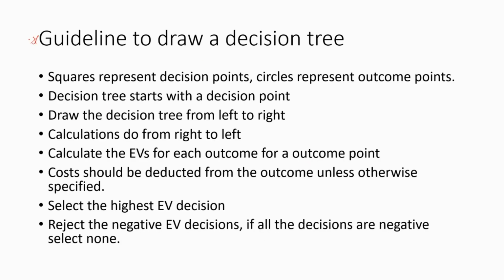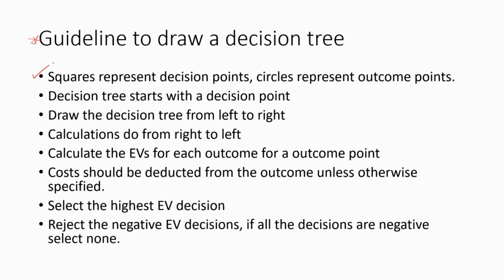This is the guideline to draw a decision tree. You need to remember these guidelines. You will not be required to draw decision trees in your exam, but you have to have an understanding of how decision trees are drawn and how decisions are made using a decision tree. These guidelines may also be tested in your exam, so have a thorough understanding of the following points.